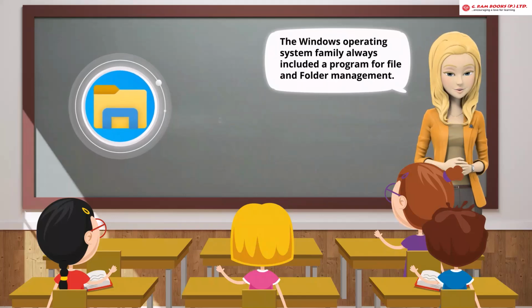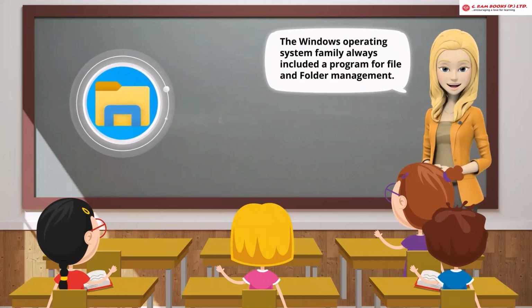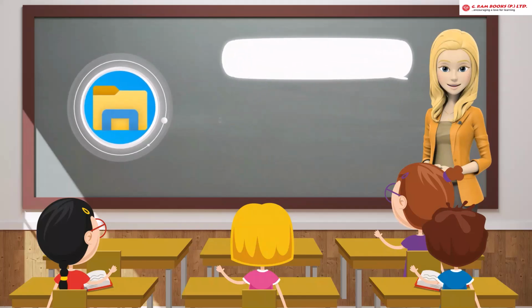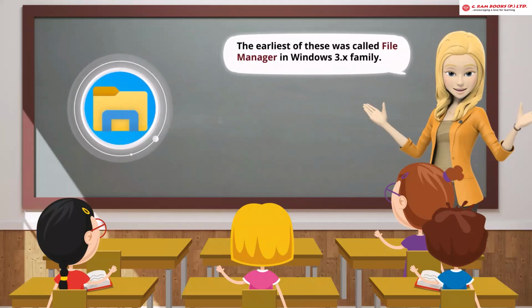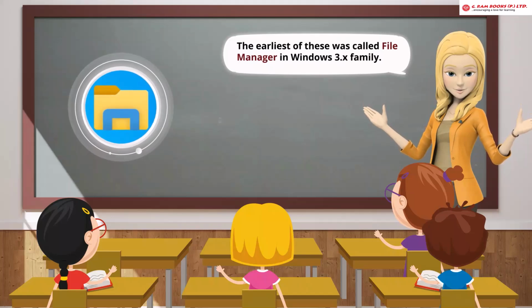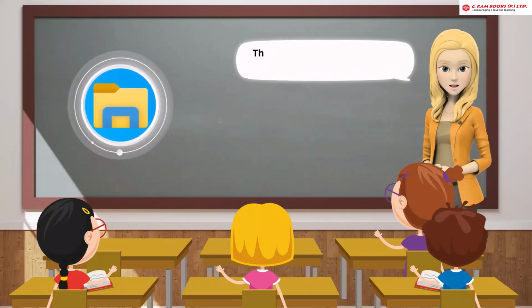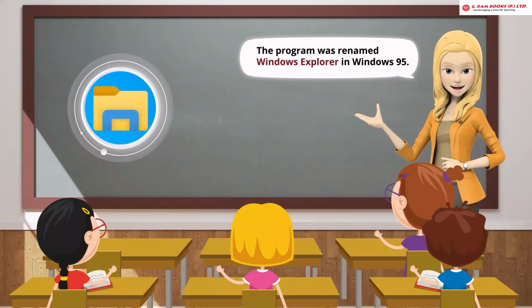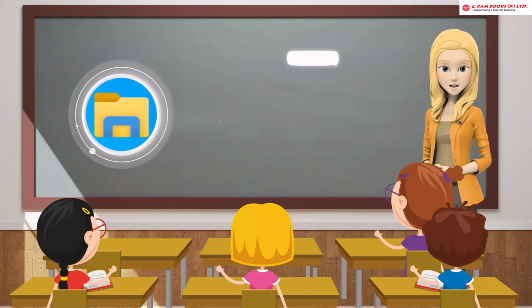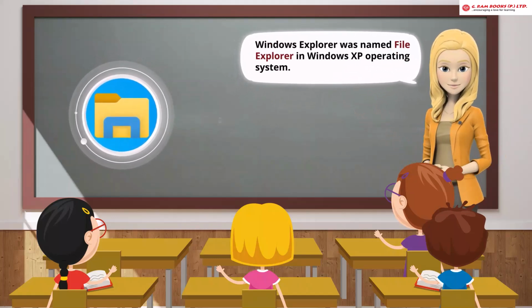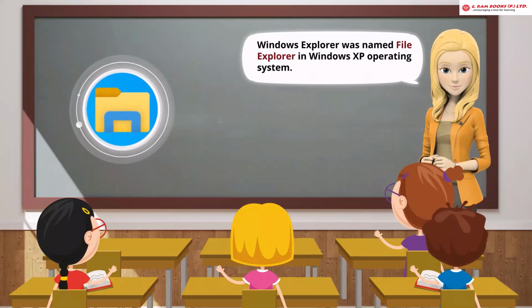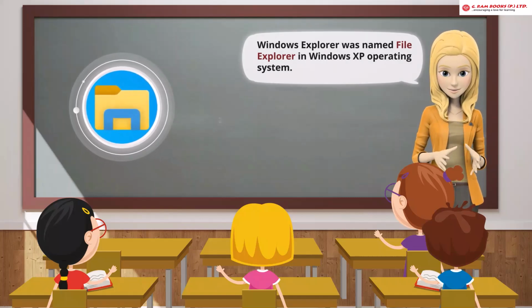The Windows operating system family always included a program for file and folder management. The earliest of these was called File Manager in Windows 3.x family. The program was renamed Windows Explorer in Windows 95. Windows Explorer was named File Explorer in Windows XP operating system.